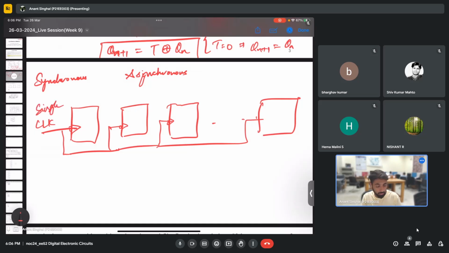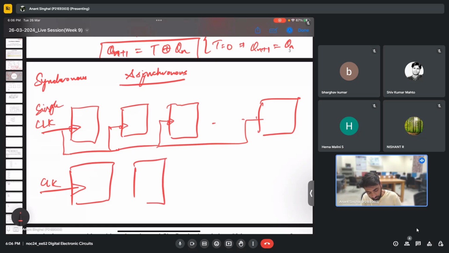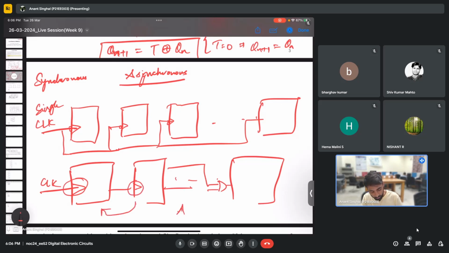Whereas an asynchronous circuit can have different clocks. That is, the first clock is given, the second clock is driven by the first, and so on. And maybe it can be a combination of different arrangements, etc. So whenever a clock has a dependence on the previous output, such circuits are known as asynchronous, and a single clock means a synchronous counter.